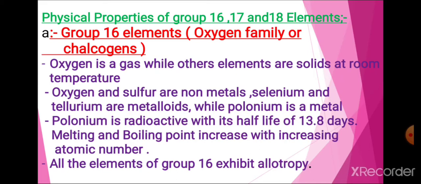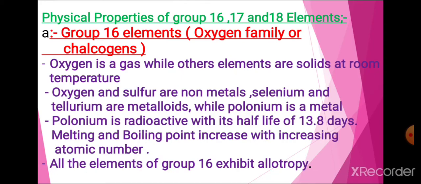Allotropy means when a solid element exists in different crystalline forms, and these different crystalline forms have different physical properties such as color, density, melting point, etc., it is called allotropy. And all the elements of group 16 exhibit this property, that is allotropy.